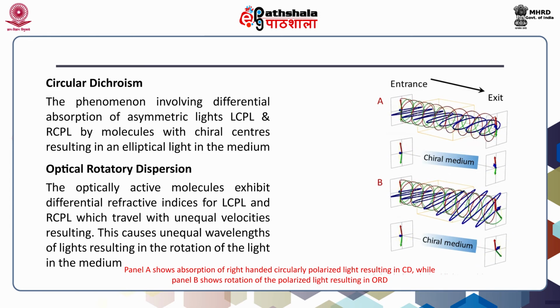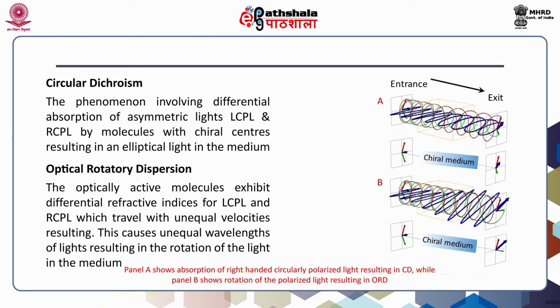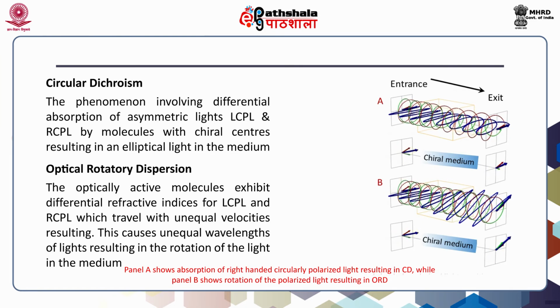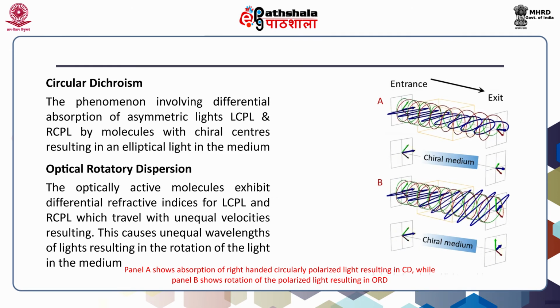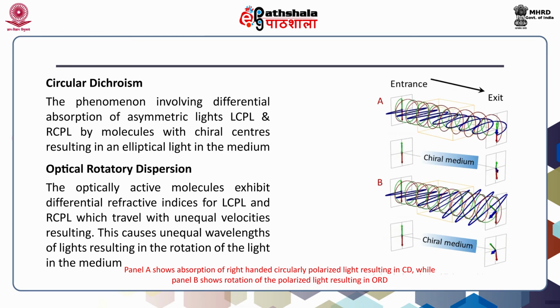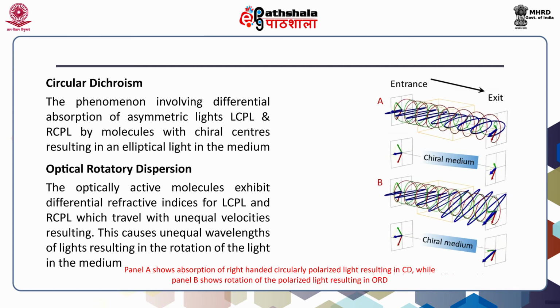After coming out of the chiral medium, the angle of rotation has changed. Previously, before entering the medium, it was oscillating horizontally, but now it is rotated almost 45 degrees from the previous one. This angle is the rotation angle, and the phenomenon as a function of wavelength is known as optical rotatory dispersion.